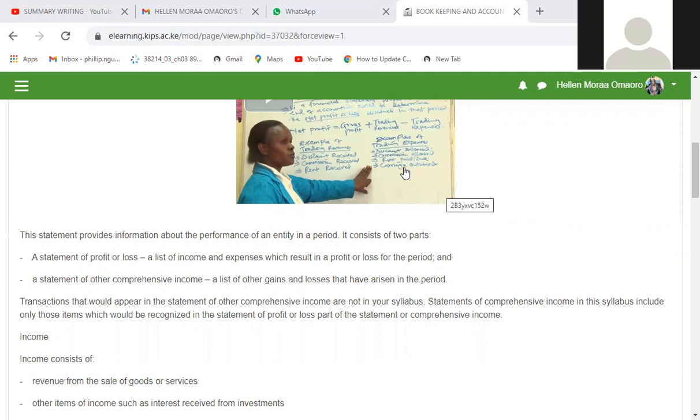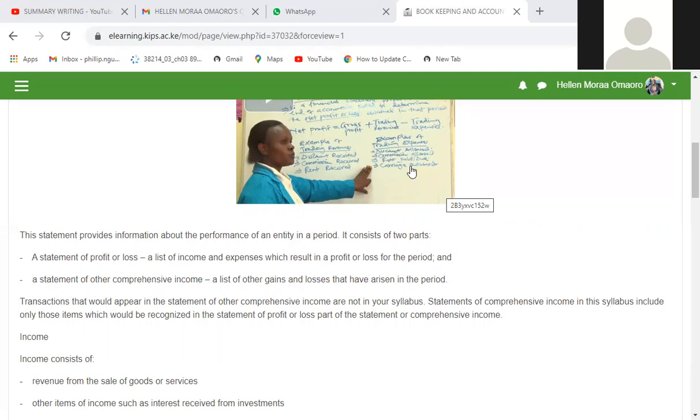So I said we have stationery. Stationery, these are the consumable goods, the ones which are used for the rest of the time, like books. We have pens, pencils, staples, those items which are used in the office. Remember, the office is there on behalf of the business.